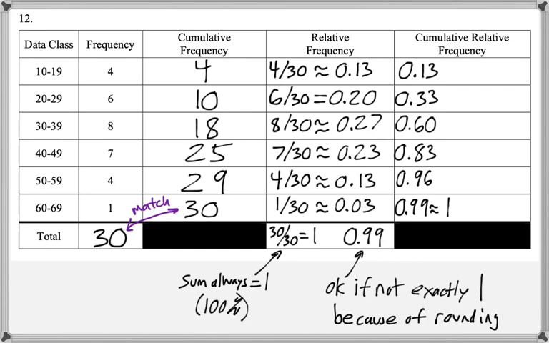And if you had instead added the fractions instead of the decimals, it would start out as 4 over 30, and then add 6 over 30 to get 10 over 30, and then add 8 over 30 to get 18 over 30, add 7 over 30, we get 25 over 30, add 4 over 30, we get 29 over 30, and then add 1 over 30, and we finally get 30 over 30, which again is 1.